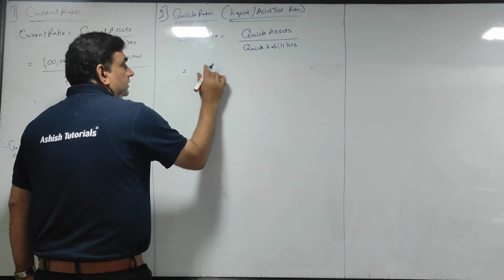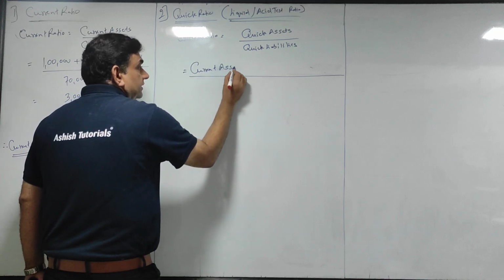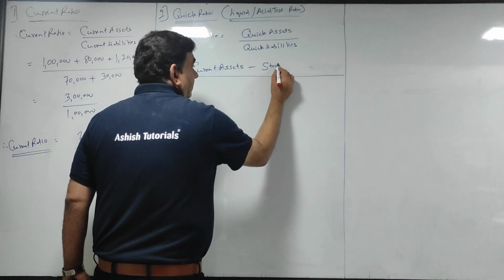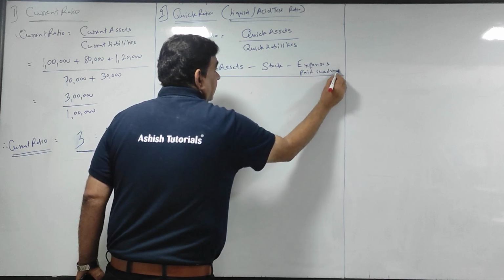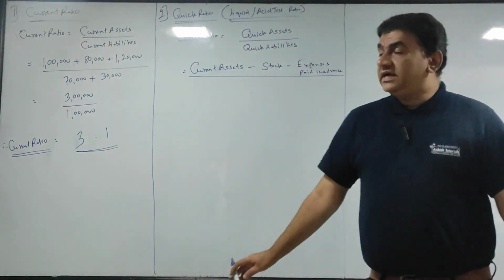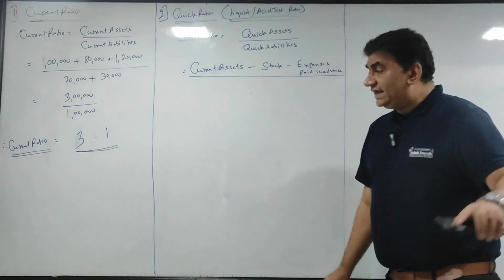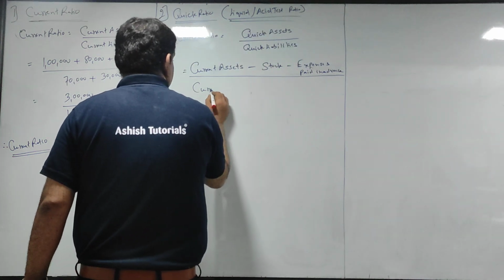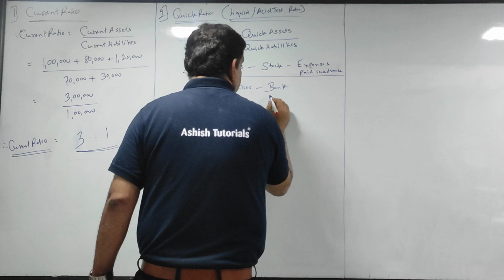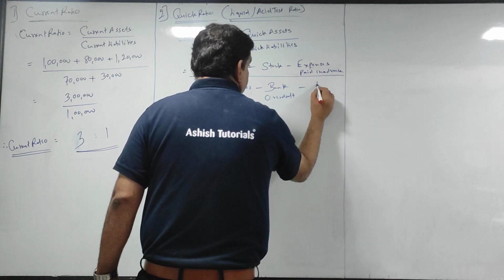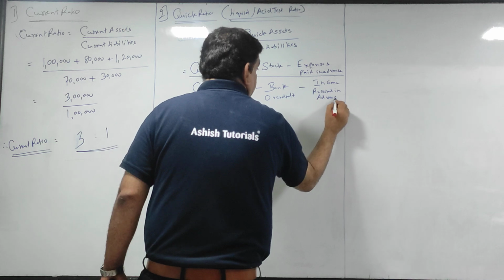So what I'll do, नीचे और एक formula लिखता हूं. Quick ratio is equal to, now see quick assets का formula क्या है? Quick asset is current assets minus stock minus expenses paid in advance, and quick liability means current liabilities minus bank overdraft minus income received in advance.